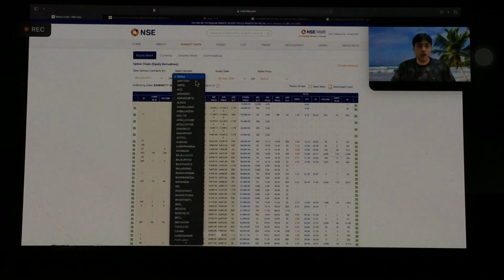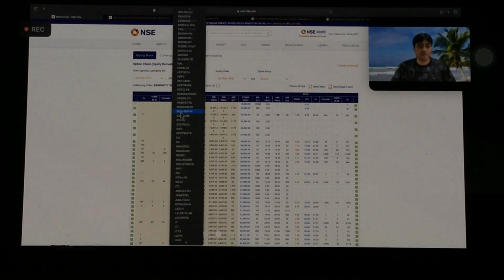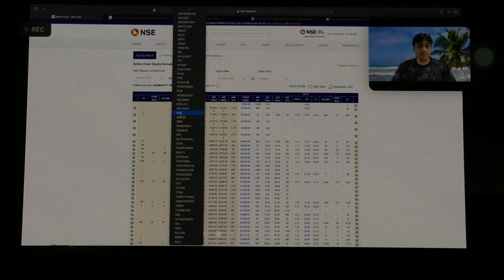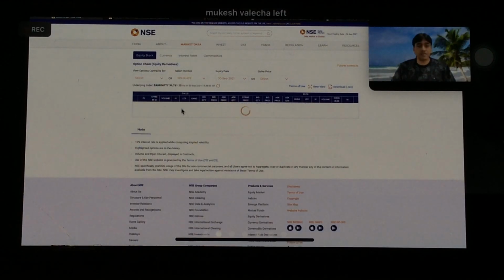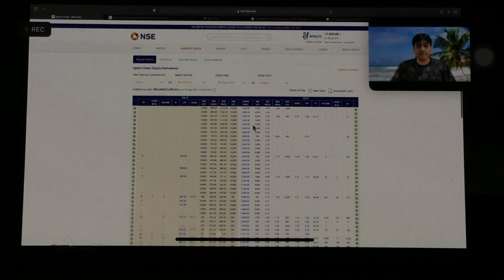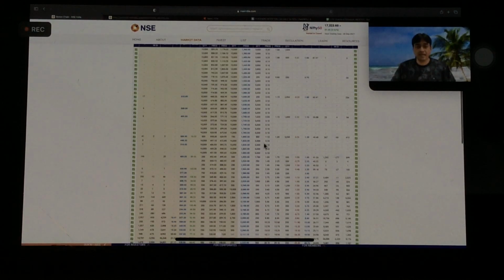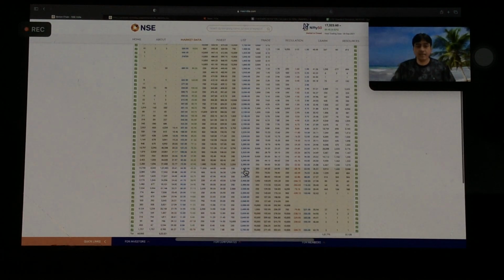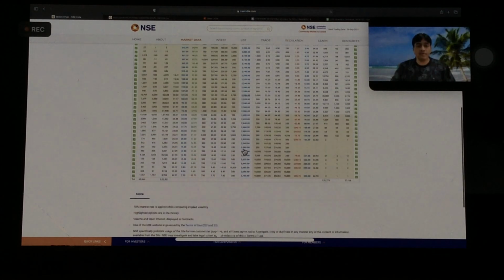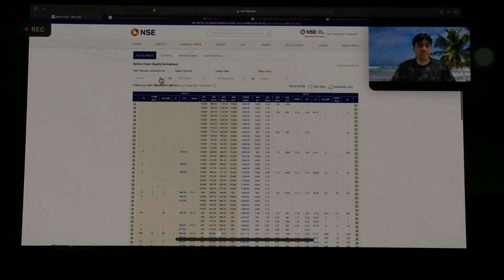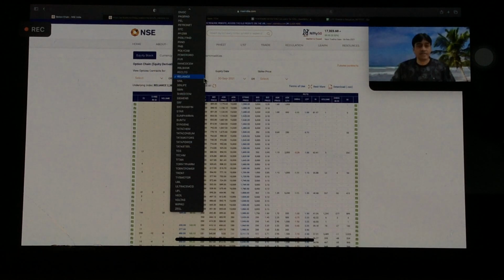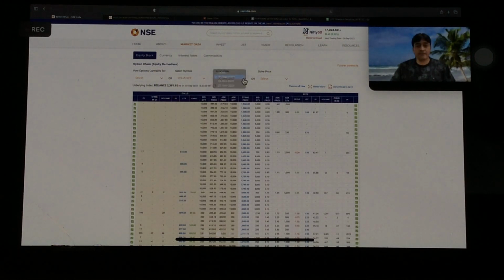If I want to check for stocks, these are all the stocks. So I click on Reliance, and Reliance is trading now around 23.89, right? Reliance strike prices are 20 points away, upside and downside. Clear up to this point? Option chain. Here indices are available. Here we can see stocks. Then expiry we can check.